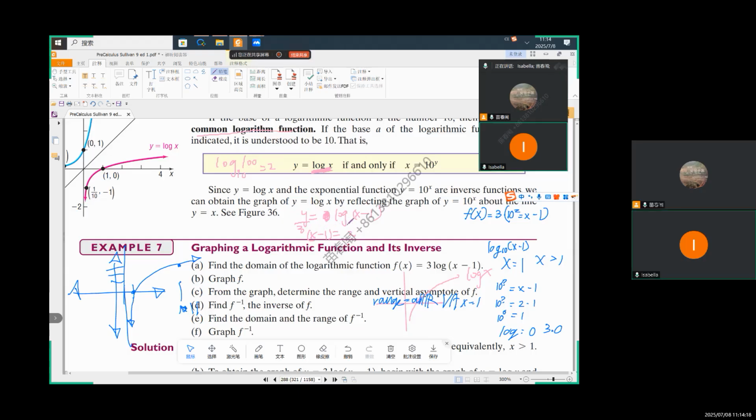And then x minus 1 is 10 to the power of y over 3. So you basically divide by log, and that equals 10 to the power of y. If you forget about the 3 bit, as a simple principle, y over log base 10 equals 10 to the power of y.